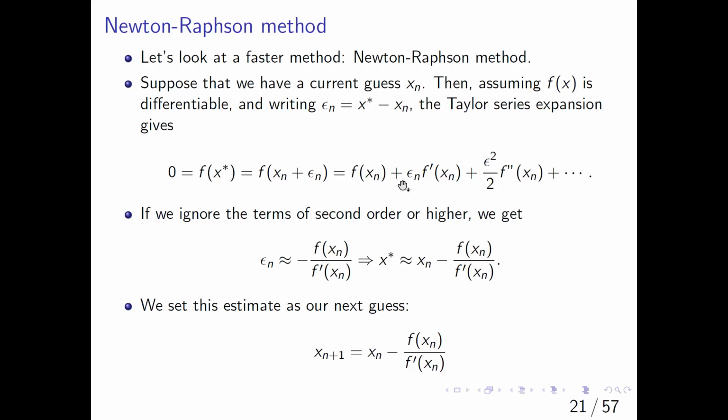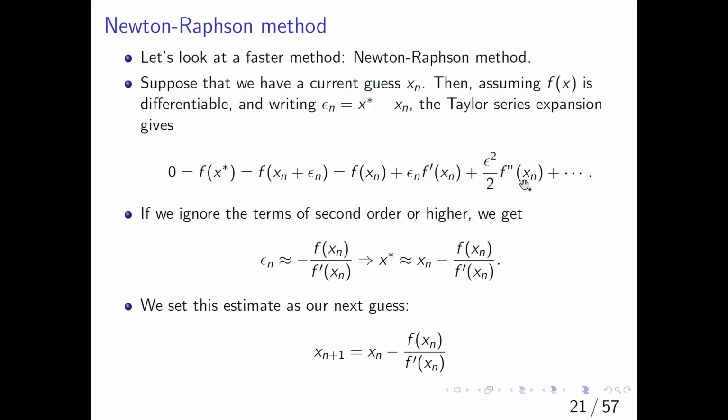Then we apply the Taylor expansion: f(xn) plus epsilon n times f prime(xn) plus epsilon n squared divided by 2 times f double prime(xn), the second derivative.